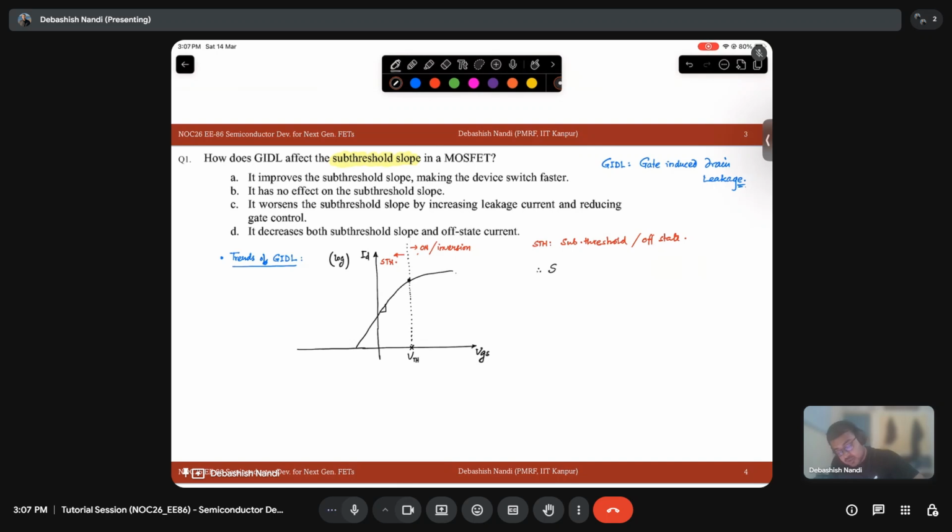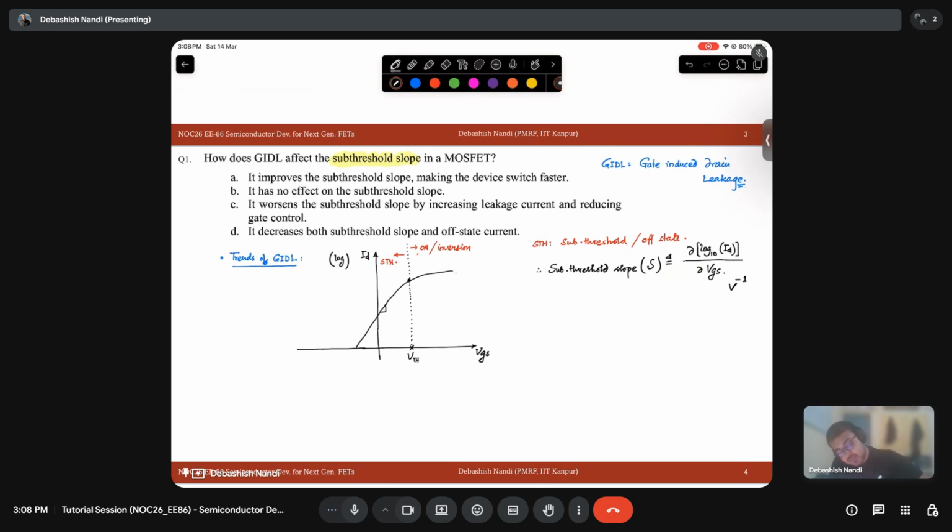Subthreshold slope S is defined as the partial derivative of log base 10 ID with respect to dVGS. What will be the unit? Unit will be volt inverse, because log of some ampere is unitless.